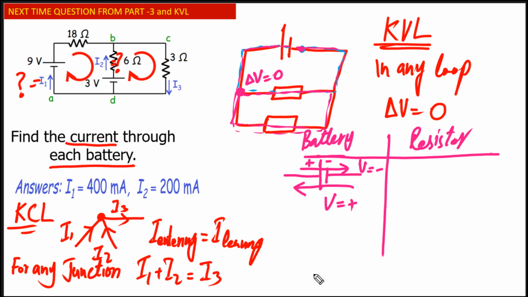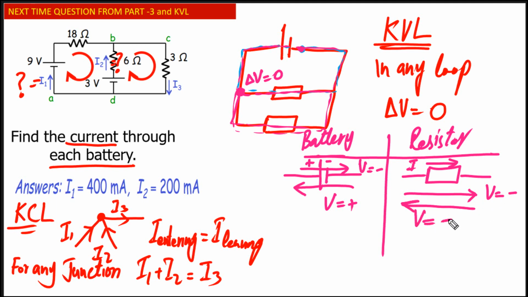For a resistor, let's say current is flowing to the right. If we go in the direction of current, V will drop, V will be minus. If we go in the direction opposite to the current, we will gain voltage and V will be plus.